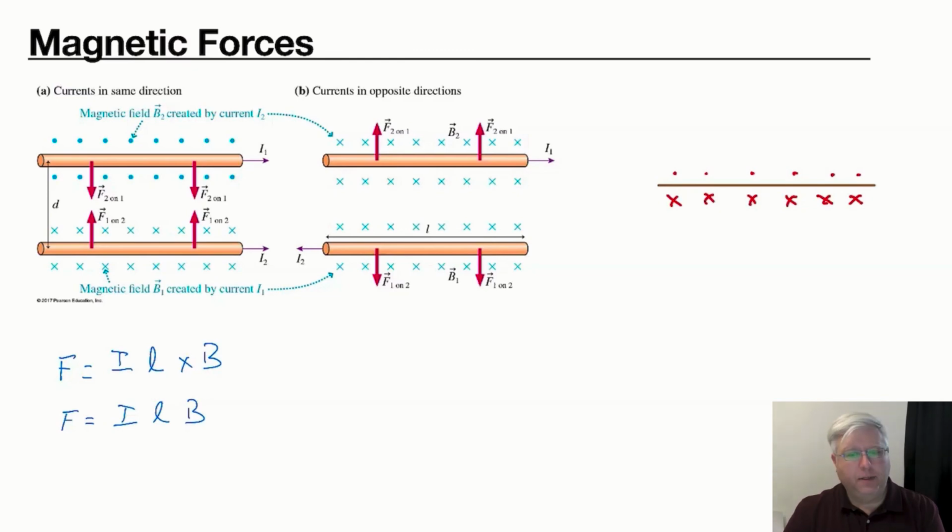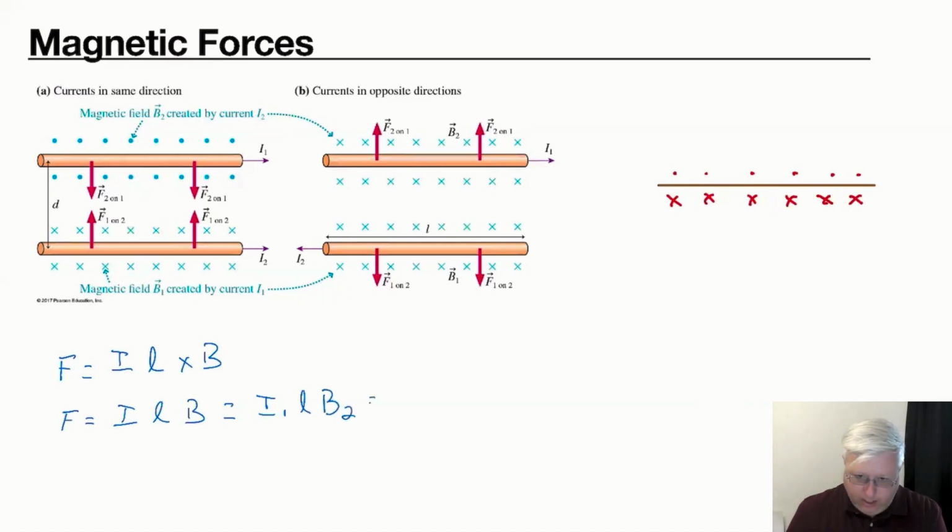Okay, so if we look at the force being exerted by one of these wires on the other, say the force exerted by the lower wire on the upper wire, we can say it's the current, and we'll use 1 for that upper wire because they call it I1, times the length of the wire, times the magnetic field caused by the second wire.